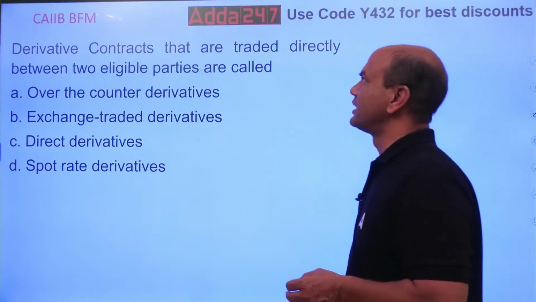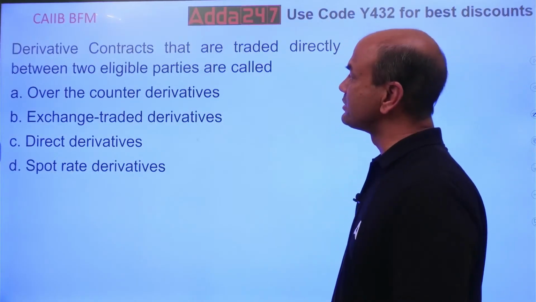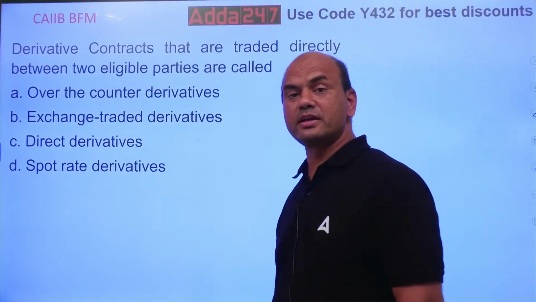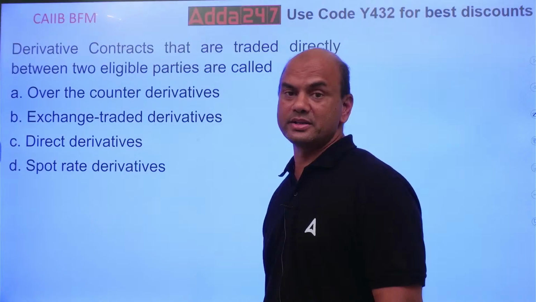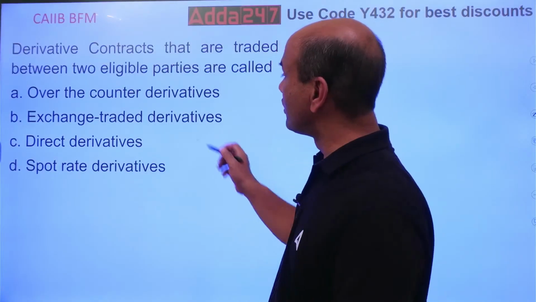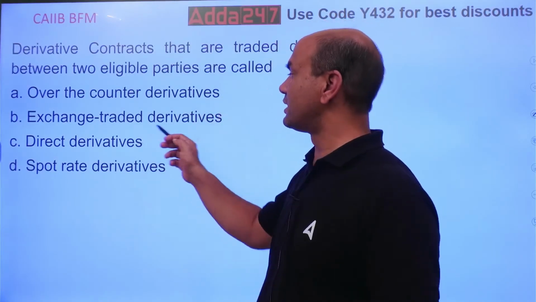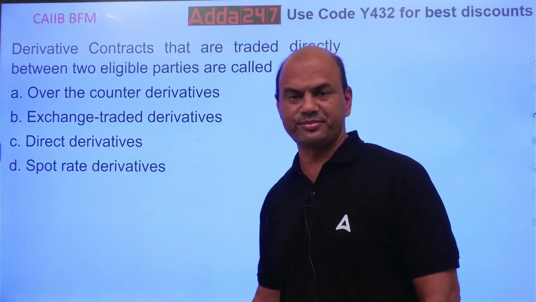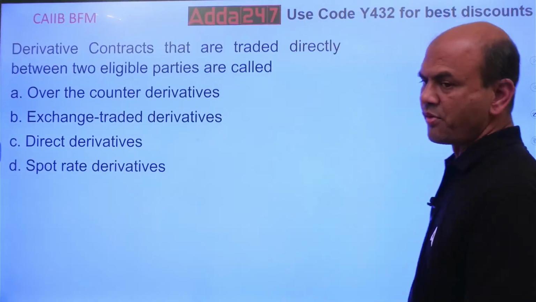Derivative contracts that are traded directly between two eligible parties are called what? Over-the-counter derivatives, exchange-traded derivatives, direct derivatives, or spot rate derivatives. Think.